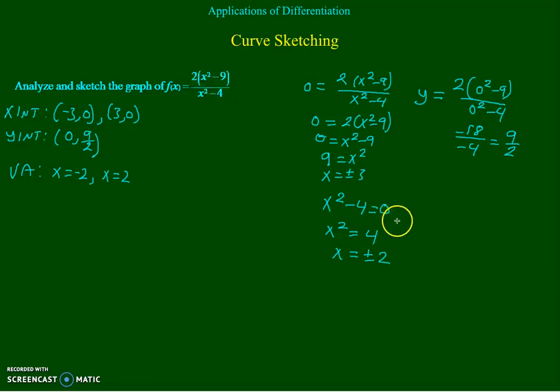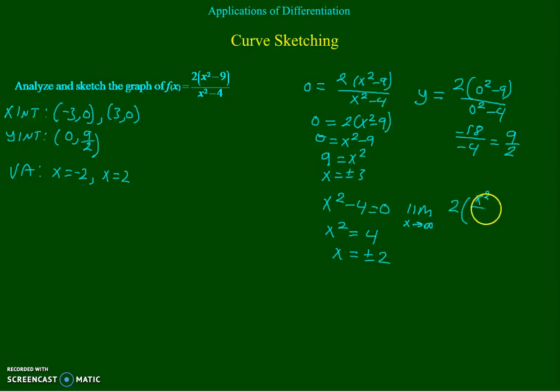And let's take a look at the horizontal asymptotes of this. Horizontal asymptotes, let's take the limit as x approaches infinity of this whole function. And the way I'm going to do this, I'm going to divide the numerator and denominator by x squared.